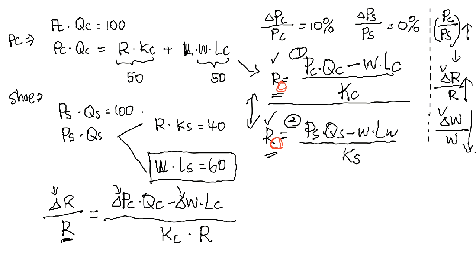And what is the next step? Use the algebra trick, right? I don't have the exact number of the price change in computer, but I have what? I have this. So what should I do? I divide it and multiply by another one in the numerator, right?